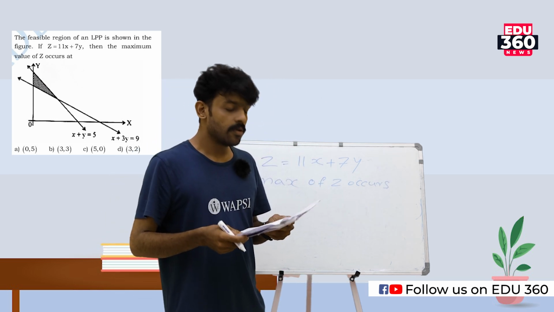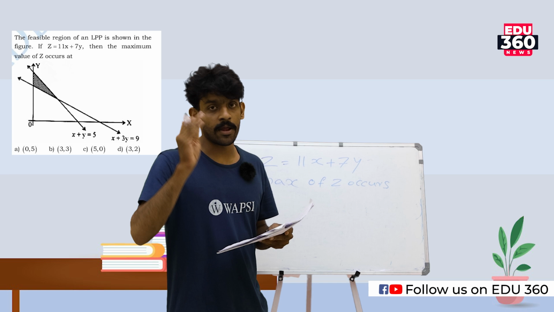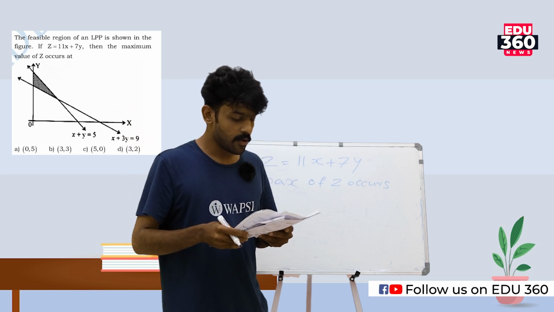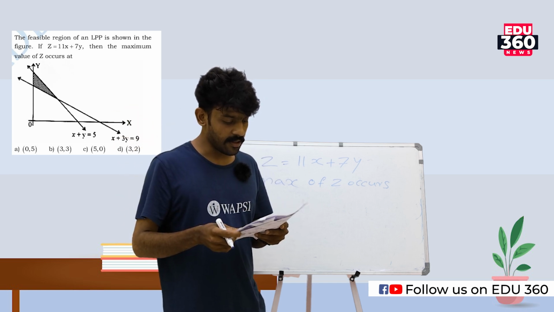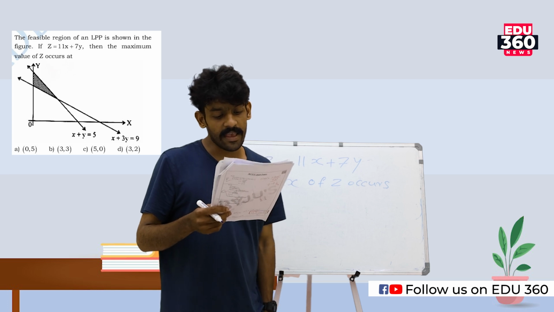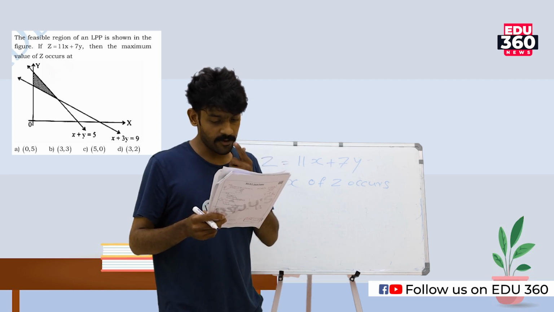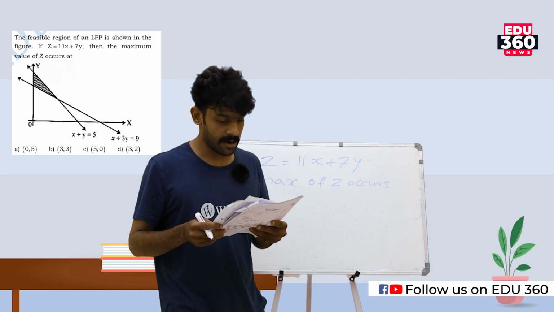Okay, so you can see the graph there, and also on the question. On the graph, one line shows x plus y is equal to 5 and another shows x plus 3y is equal to 9.